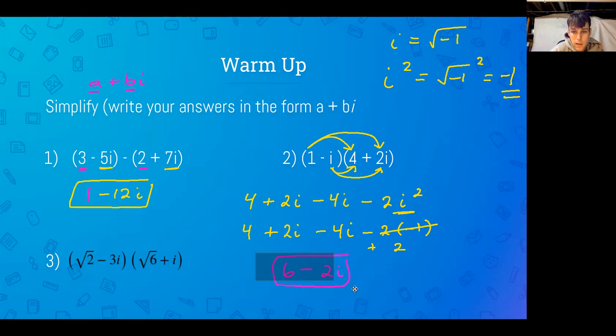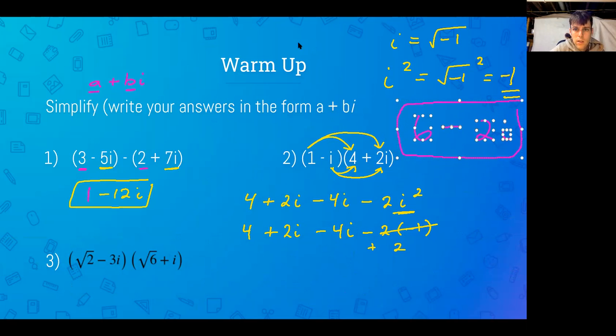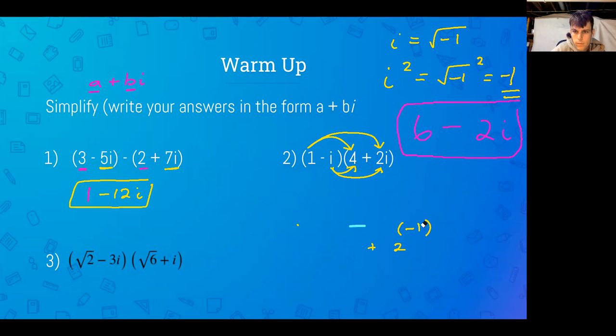So I'm going to move that answer up here so that I can erase this stuff and give myself some space to do the problem. All right, same idea. We are multiplying these together. So root 2 times root 6 is going to be square root 12.